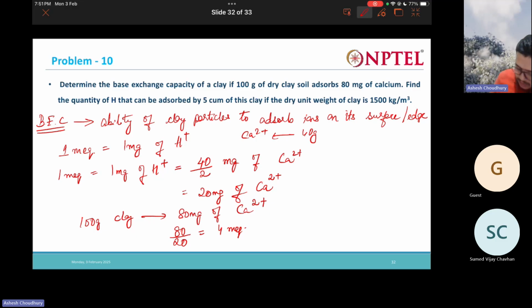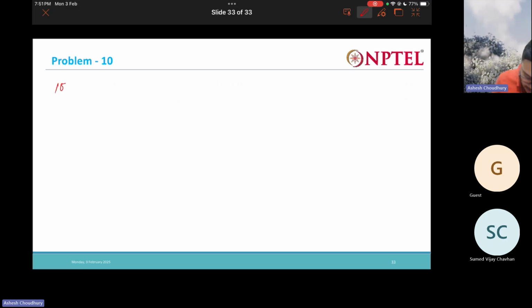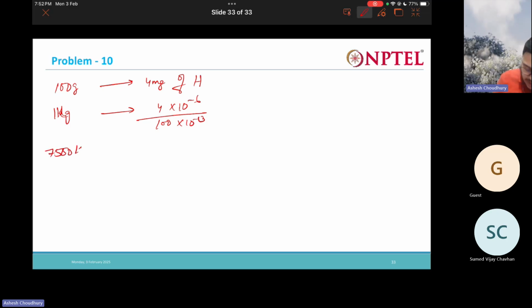So 100 gram clay adsorbs 4 milligram of H plus. So 1 kg will adsorb how much? 4 by 100 into 10 to the power minus 3.